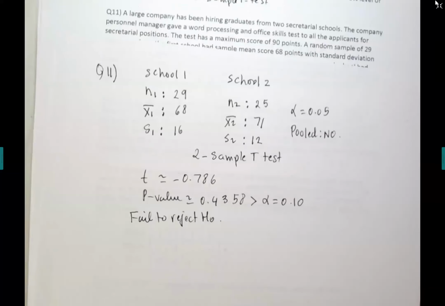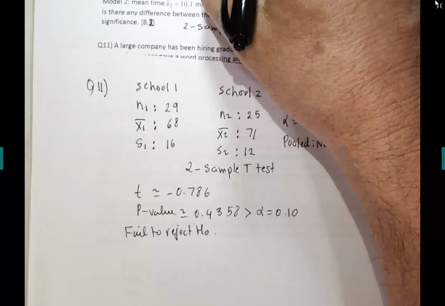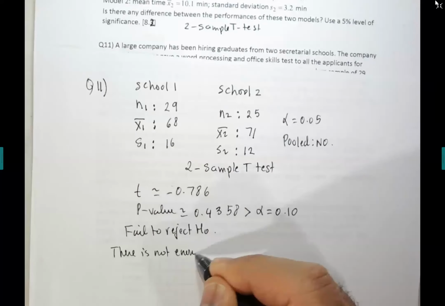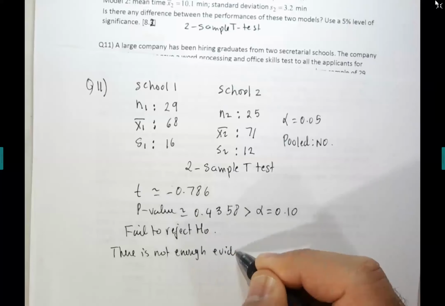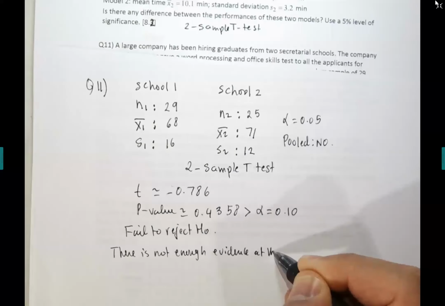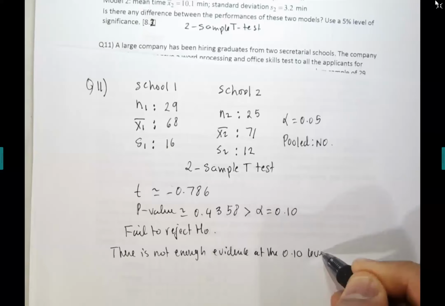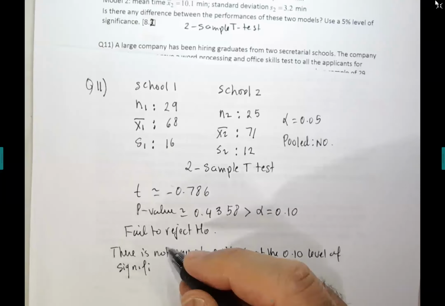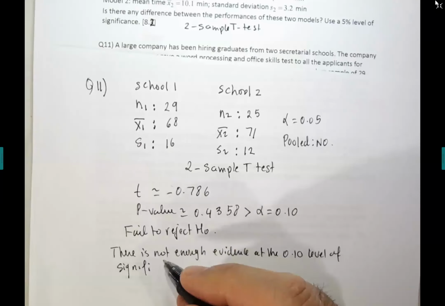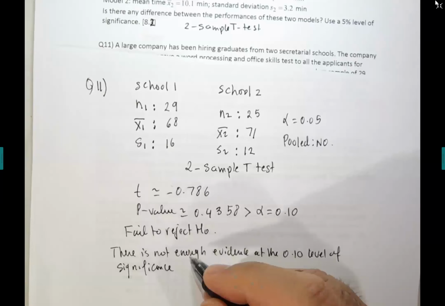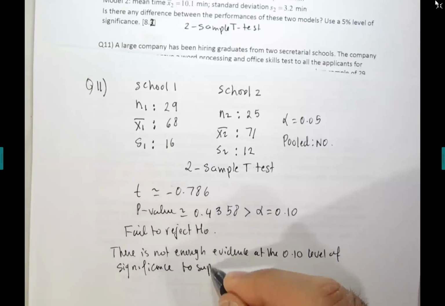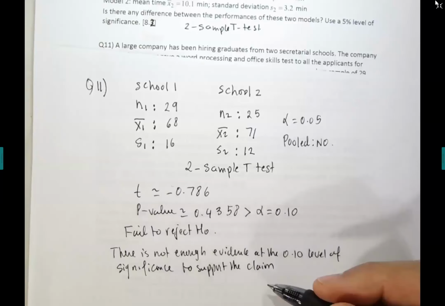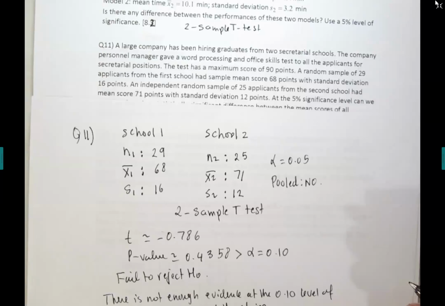And the conclusion, guys, there is not enough evidence at the 0.10 level of significance to support the claim. And if they ask you what the claim is when you're doing an exercise, it's whatever it says.